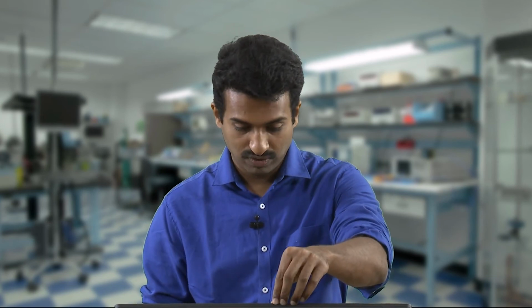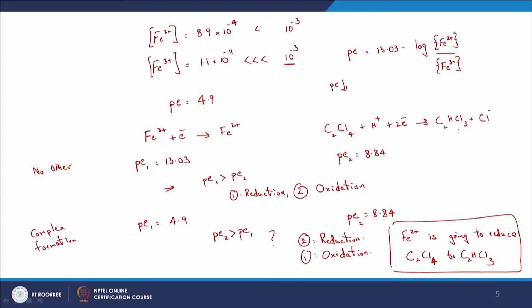So, let us look at what we have earlier. If this was the case here, what would you have seen? You would have seen this particular reaction to be swapped, which has to be the oxidation reaction. So, C2HCl3 would have reduced Fe3+ to Fe2+, pardon me, I might have misspelled it earlier.